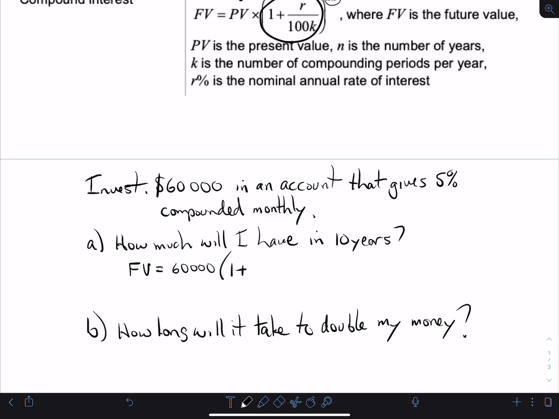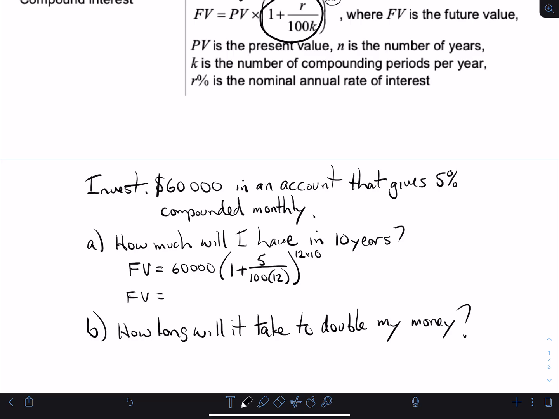What is my rate? It's 5%, so I just leave it as 5. Compounded monthly, so K equals 12. And then up in the exponent, it'd be 12 times 10 years.